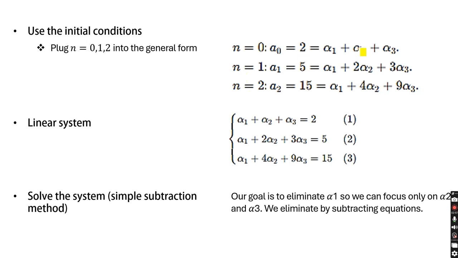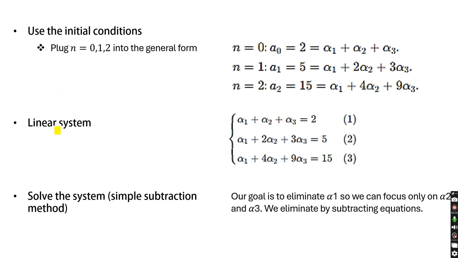So we have here our a1 plus a2 plus a3, which is the value of our a0, and then a1, which is equals to 5, is equals to a1 plus 2a2 plus 3a3. And then we have our a2, which is equals to 15, and our n is equals to 2. So a1 plus 4a2 plus 9a3.